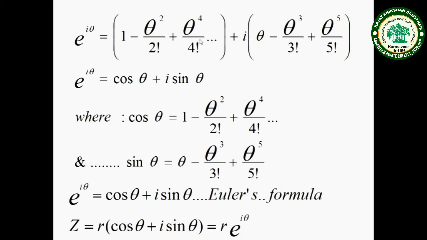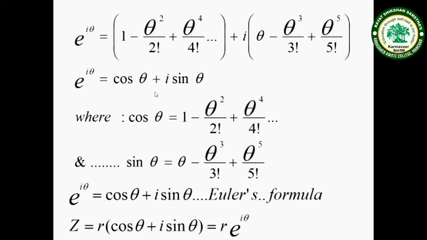As a result of that, we can replace the first parenthesis, which consists of even powers, as cos theta, and the second parenthesis, which consists of the odd powers, as sin theta. But there is the term i here. So e to the power i theta henceforth can be written as cos theta plus i sin theta.